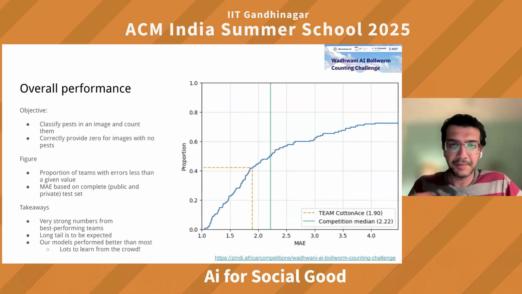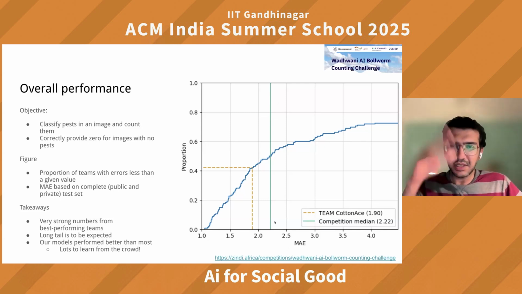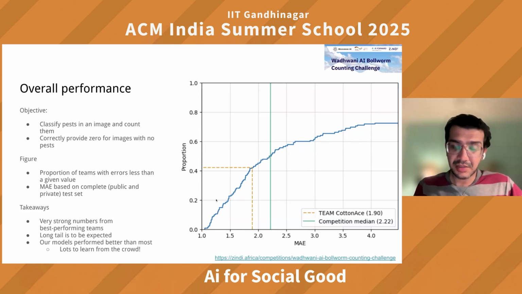Here I'm showing the yellow, which is our team's submission or a default baseline. This is Team Cotton Ace. Green is the median, but we got some really good performance that beat us.